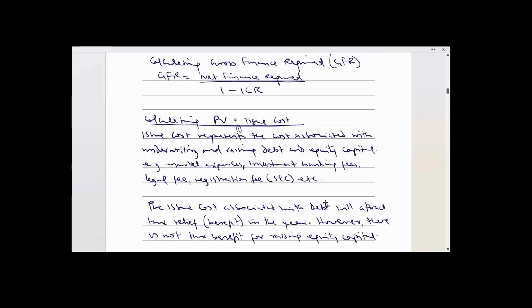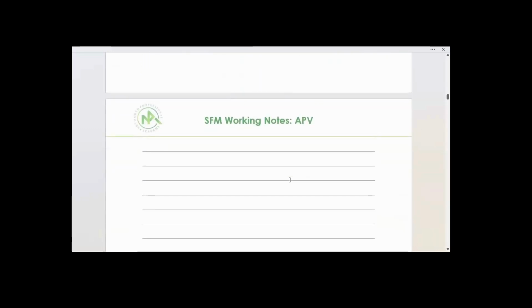How do you then calculate the present value of issue cost? What I've done so far is just to bring you to the understanding of issue cost. When I want to calculate present value of issue cost, your first step is to determine the issue cost amount, ICA.